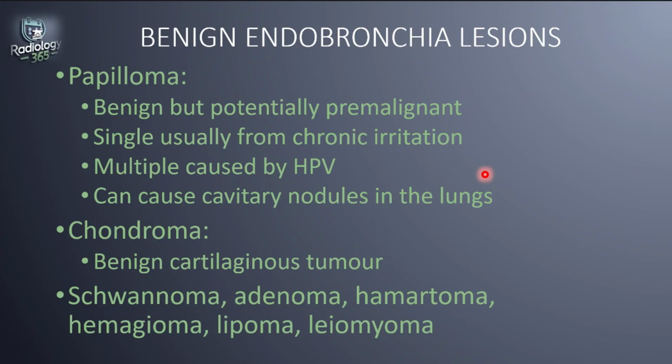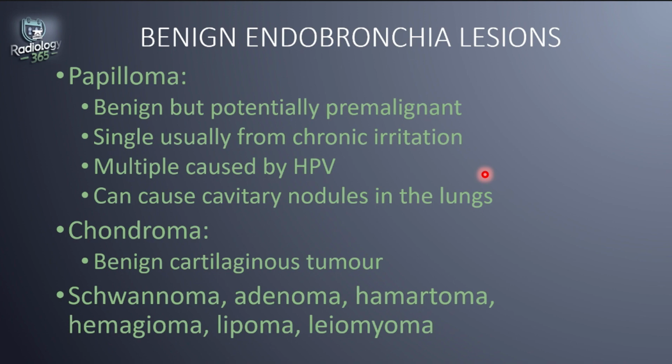Now, there are also some benign endobronchial lesions. Papilloma is a benign but potentially pre-malignant lesion that may transform into carcinoma. Suspected papillomas are typically closely followed because of this pre-malignant behavior. A single papilloma is usually caused by chronic irritation, but when you have multiple papillomas, like in laryngotracheal papillomatosis, this is caused by HPV, which may be acquired at birth.